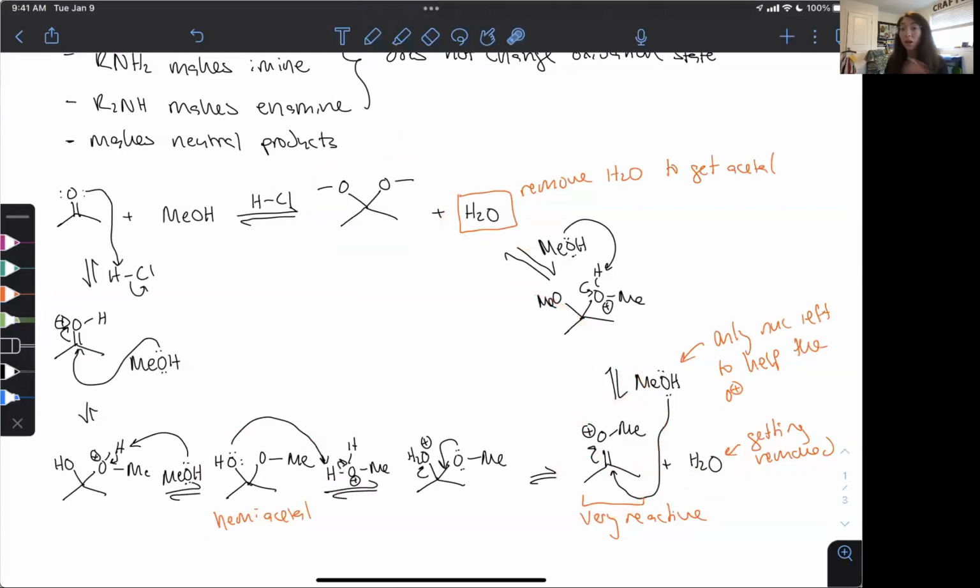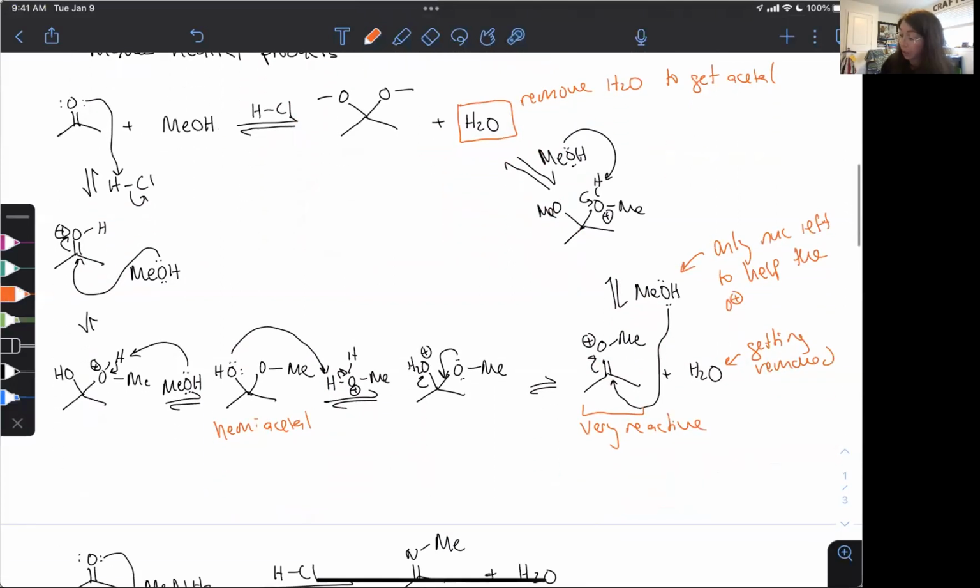If you want to go the other direction and you're starting here and you want to hydrolyze it, then all you need to do is add a whole bunch of water, and then it's going to shift the equilibrium that direction to get it back to the carbonyl.